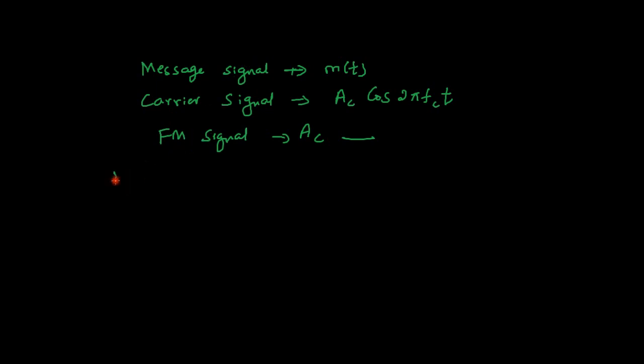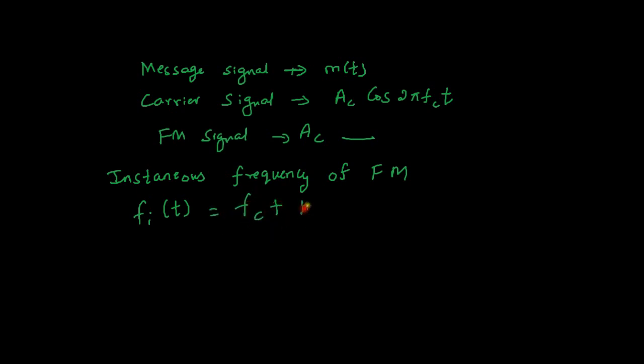We can write the instantaneous frequency of FM, that is Fi of t. That will be Fc plus Kf into M of t.